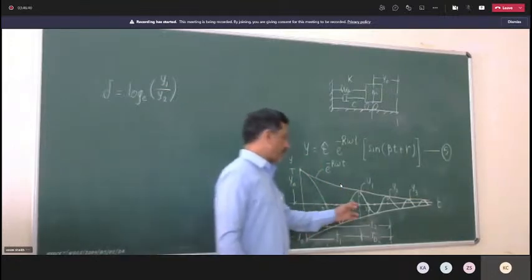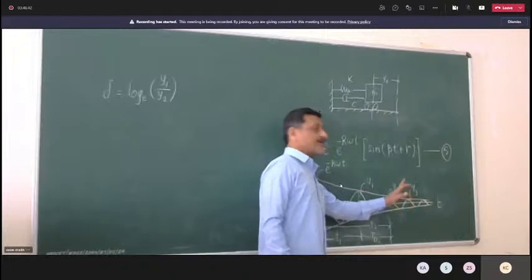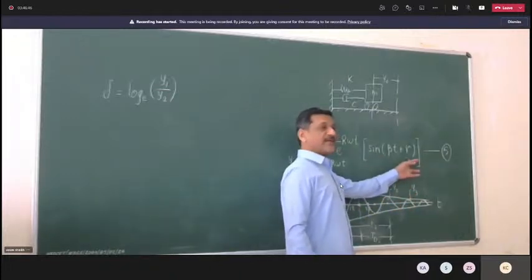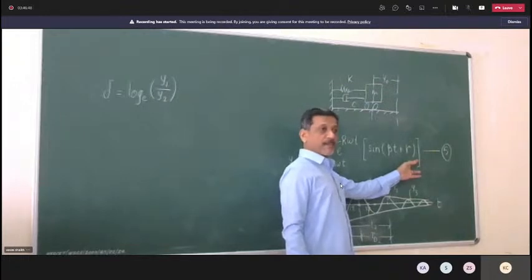All of you just see, y1, y2, y3 are the peak amplitudes. At every peak amplitude, sin theta is maximum.